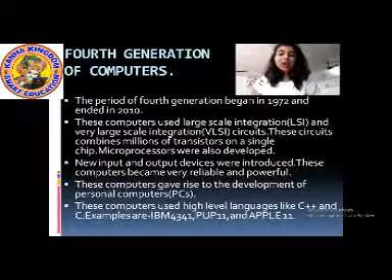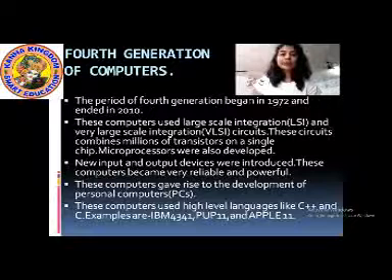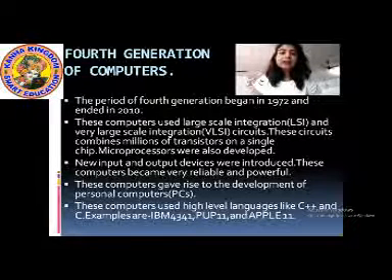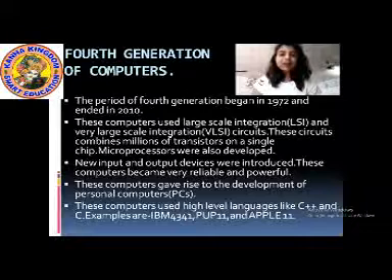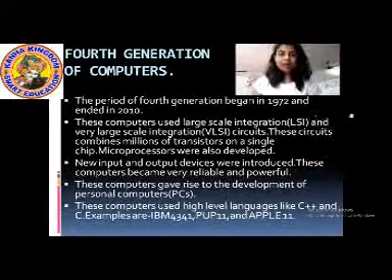Now, microprocessors were developed during this generation. Microprocessors means a very small unit of processing system. Microprocessors were developed in the fourth generation of computers.